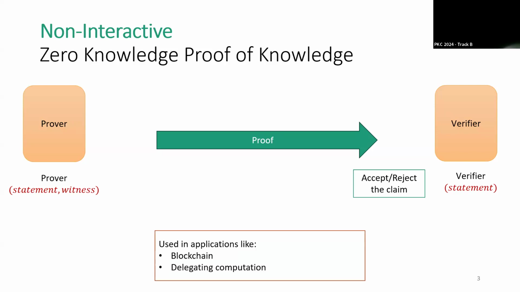Even for delegation of computation, we can use non-interactive zero-knowledge proofs, where you want a powerful but untrusted server to compute the large computation on your behalf. This is a stronger notion, so we need stronger assumptions to facilitate this. So we assume a setup at the onset of the protocol between the prover and the verifier.